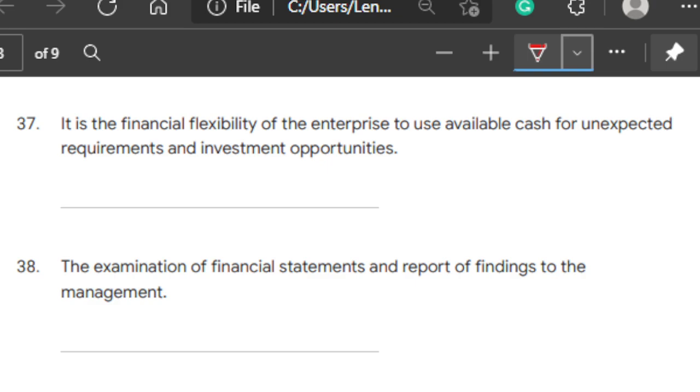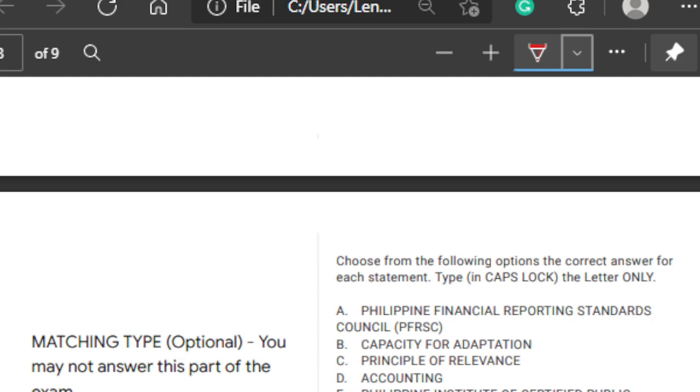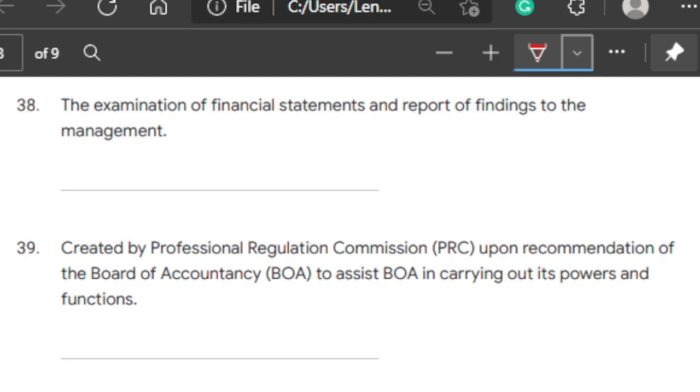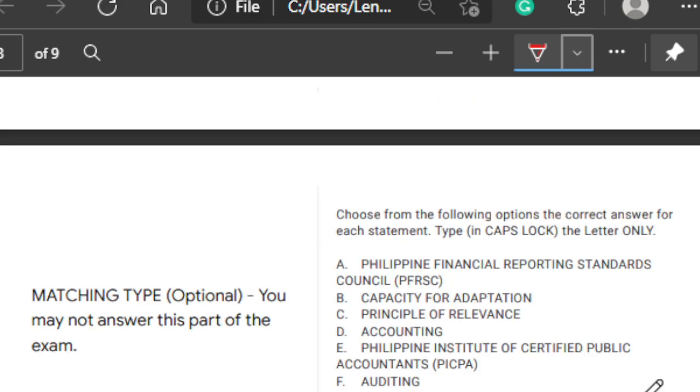Answer is auditing, letter F. Lastly, created by Professional Regulation Commission or PRC upon recommendation of the BOA or the Board of Accountancy to assist them in carrying out its powers and functions. So answer is letter A, Philippine Financial Reporting Standards Council.